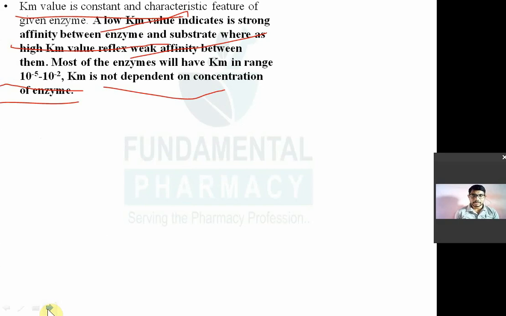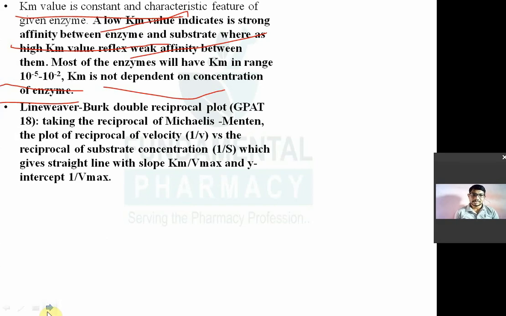Low Km value means there is a strong interaction between substrate and enzyme. High Km value means there is a weak interaction between enzyme and substrate. And most of the enzymes will have Km value in a range of 10 raised to minus 5 to 10 raised to minus 2. And Km value is not dependent on the concentration of enzyme.